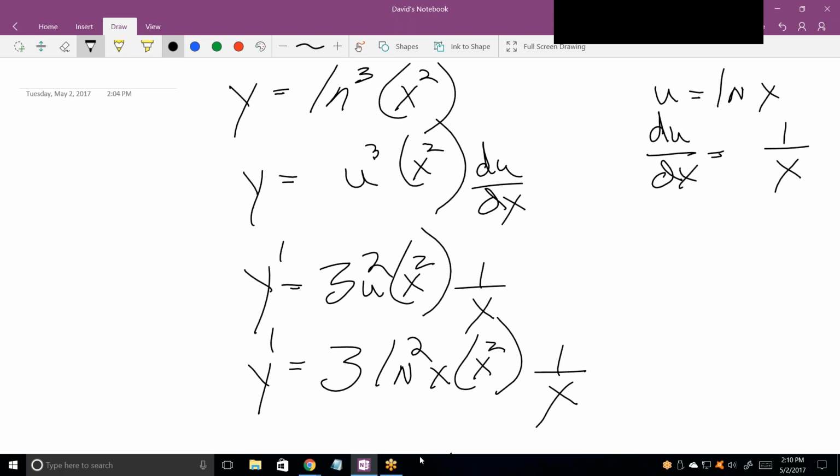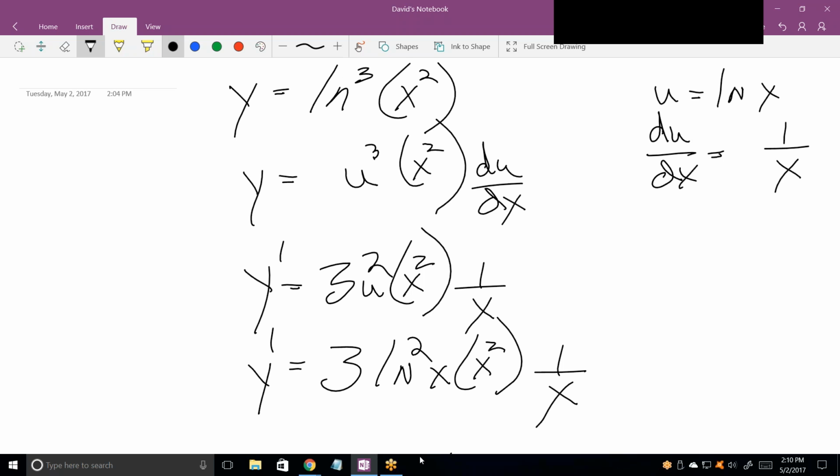Trying to think of how to explain this. Notice what u is. U is not x squared. We've got two insides here. I'm going to call one of them u and I'm going to call one of them v. U makes natural sense: the natural log of x, that's the first inside.